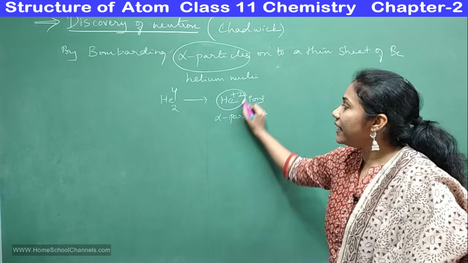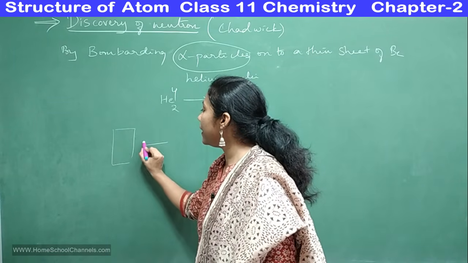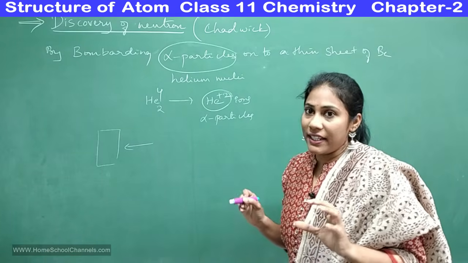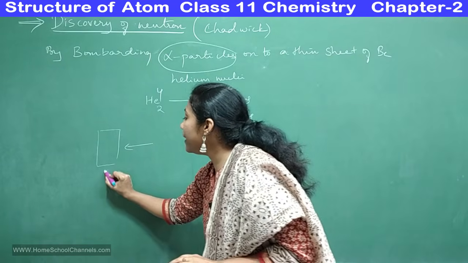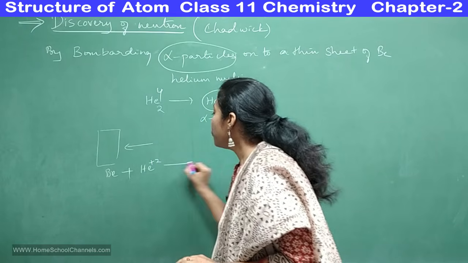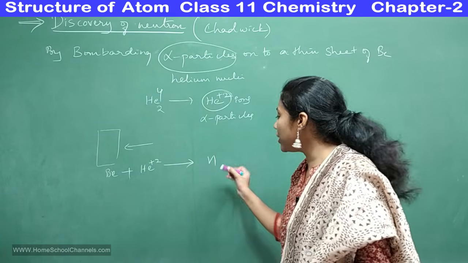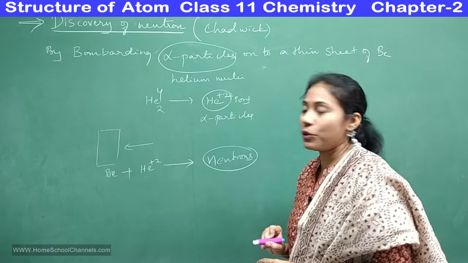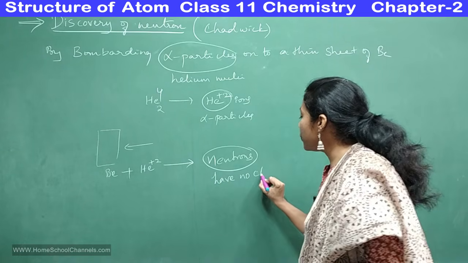So when these helium nuclei were hit onto a thin sheet of beryllium, very special neutral particles got generated, and they were called neutrons. Neutrons have no charge.